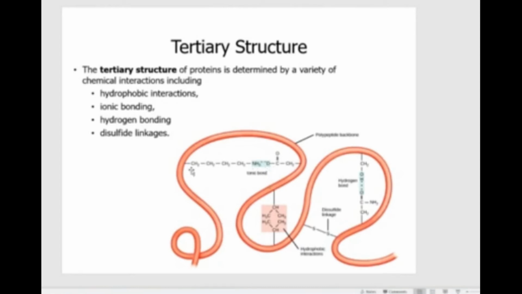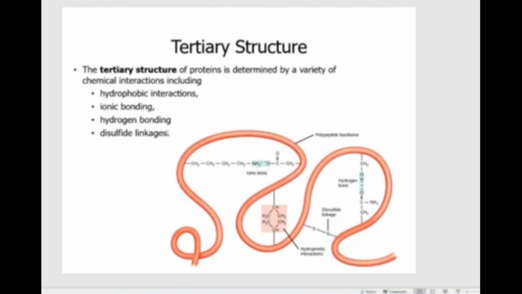So if one amino acid is positively charged and the other is negatively charged, then their R groups are going to be attracted to each other, because opposite charges attract. So it's going to fold the chain this way, because you're going to have a chemical bond link over here.